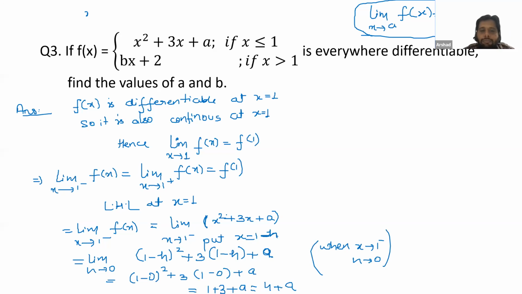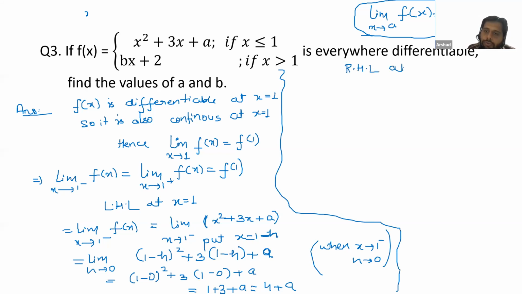In the same way, please note this down, we will calculate RHL. RHL at x equals 1 is limit x tends to 1 plus f(x). This is equal to limit x tends to 1 plus, and we will use the second one, bx plus 2.